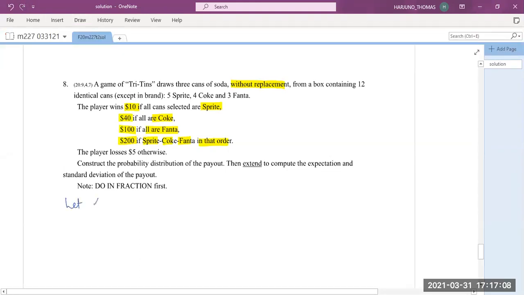Let x be the payout. What are the possible values for x? You may get $10, or $40, $100, $200, or you lose $5, right?